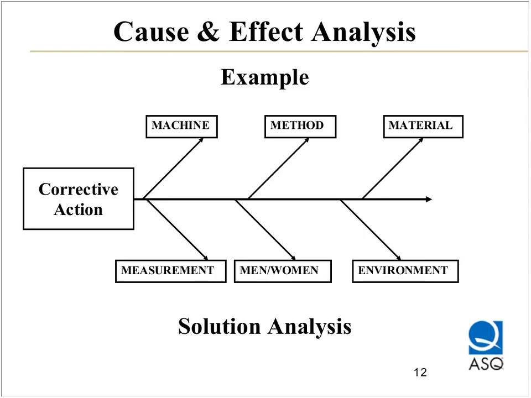And so what we'll do is we'll put the potential corrective action in the corrective action box, and then the process improvement team will discuss whether or not there's any negative side effects associated with the 5 M's and the E: the machine, method, material, measurement, men and women, and environment.